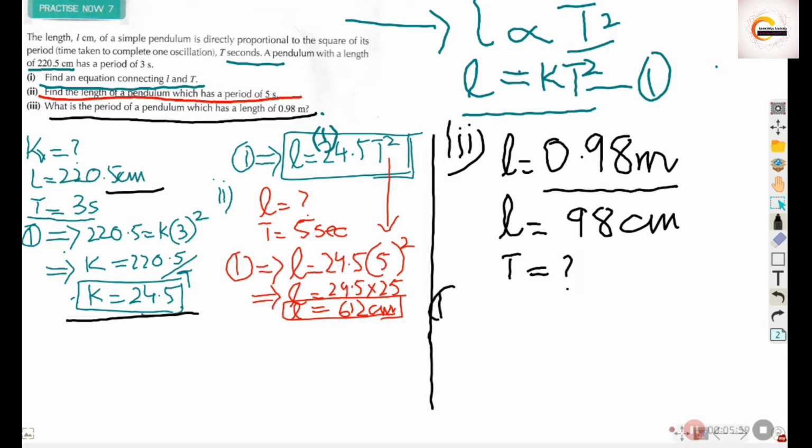Now putting all the above values and the value of constant in our equation number 1, that is 98 is equals to 24.5 into T whole square.